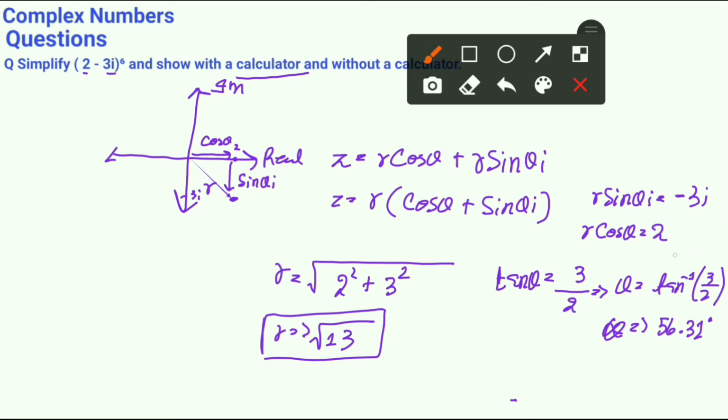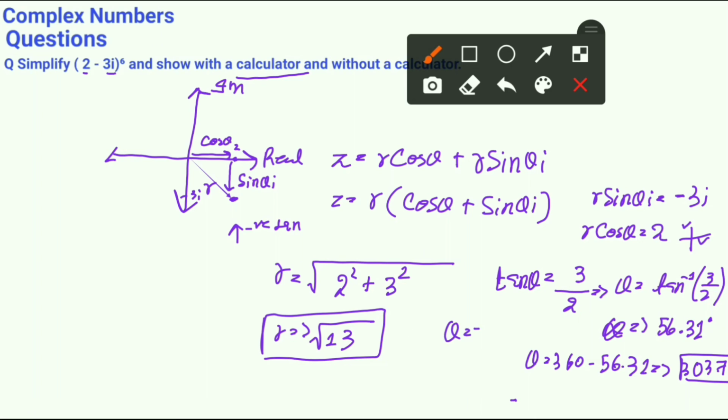This is the base angle, but since tan is negative, it will be in the second or fourth quadrant, and right here it's in the fourth quadrant. So it's going to be 360 minus 56.31, which is 303.7. You can take this value, or you can take minus 56.31 degrees. It's the same thing, it will give the same value.